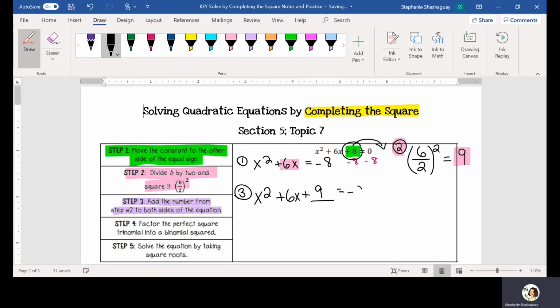So it's going to be equal to -8 plus 9, because whatever I add on the left side of the equation, I have to do on the right so that I have an equivalent equation. Okay, so I added 9 to both sides, and that was step 3.